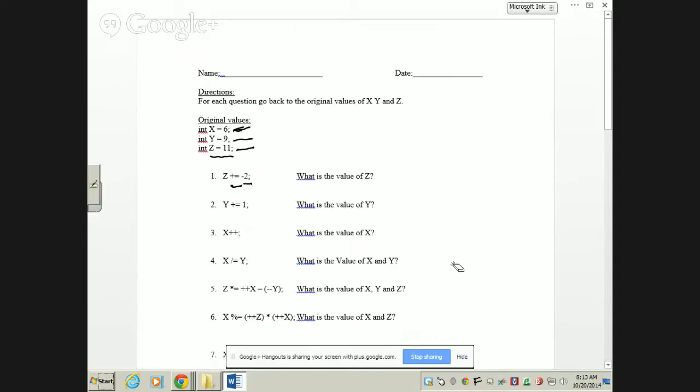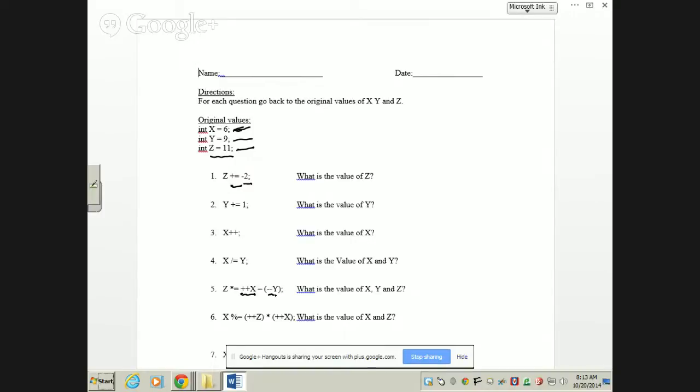Okay, number 5. Things are getting a little complicated now. z times equals plus plus x minus minus minus y. Now we have these increment operators coming before the variable, so they're prefix increment operators.